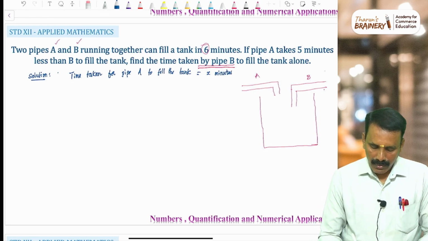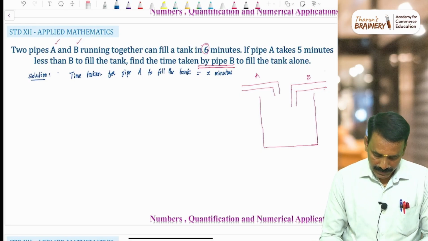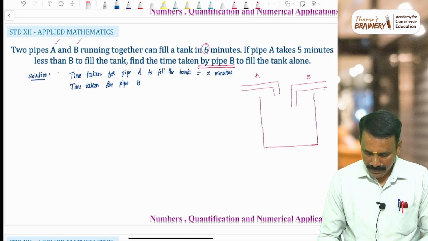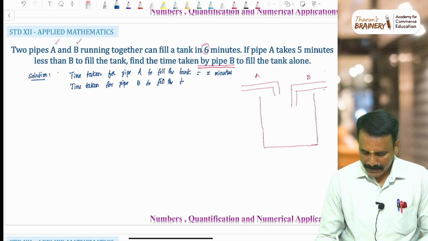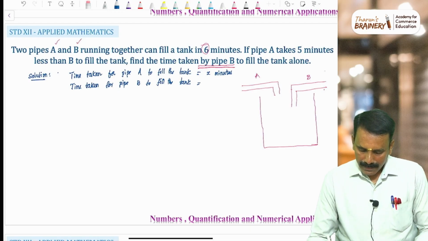Then what will be the time taken by pipe B to fill the tank? Time taken for pipe B to fill the tank will be x plus 5 minutes.